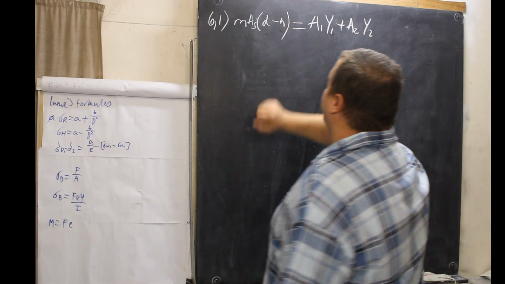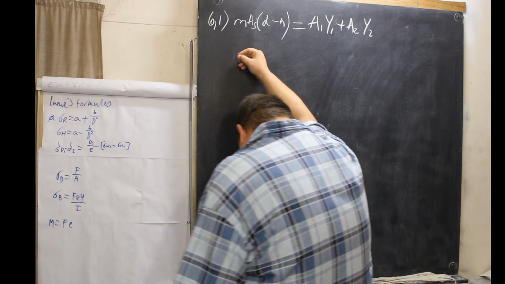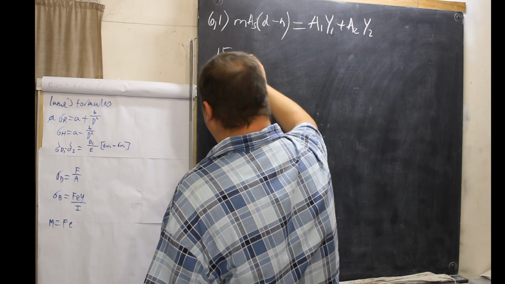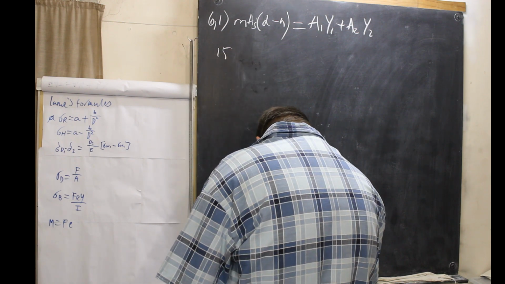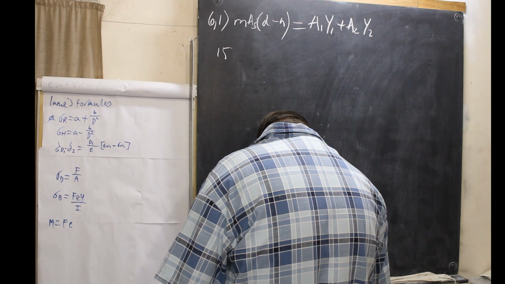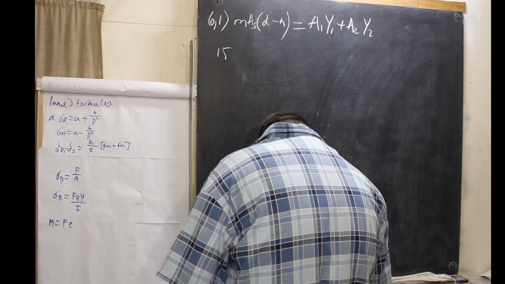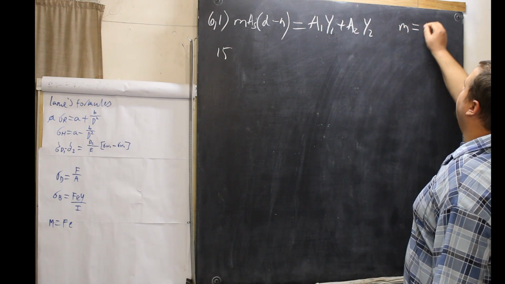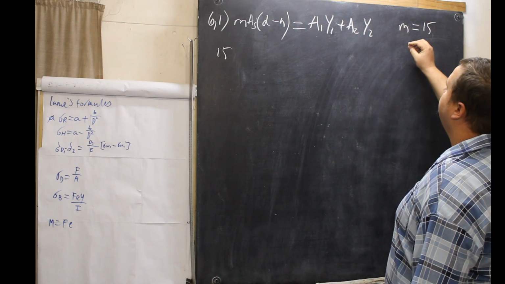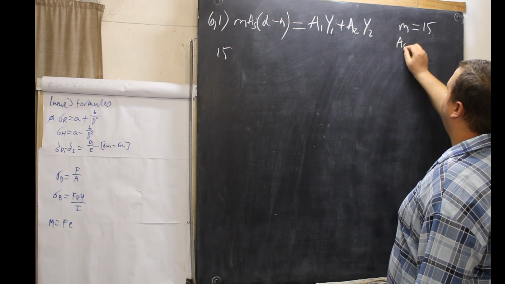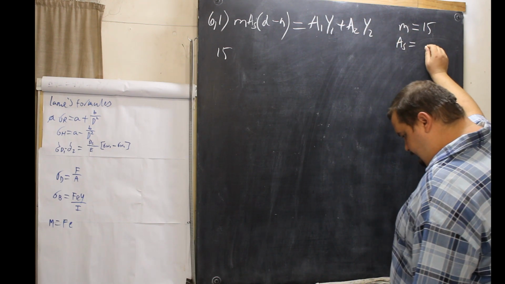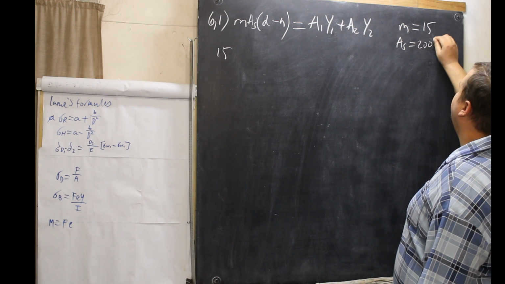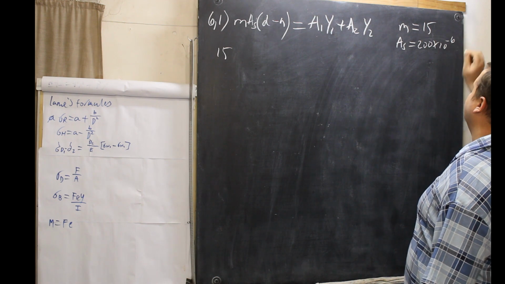We are looking for n. So what we have here is 15, because the modular ratio is 15. So m equals 15. The area of steel reinforcement is 200, so 200 times 10 to the minus 6.